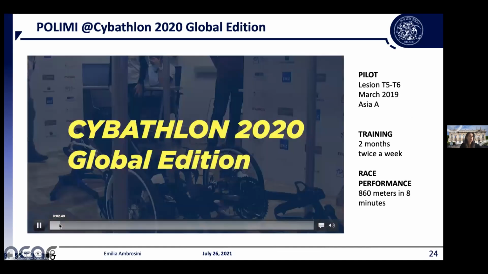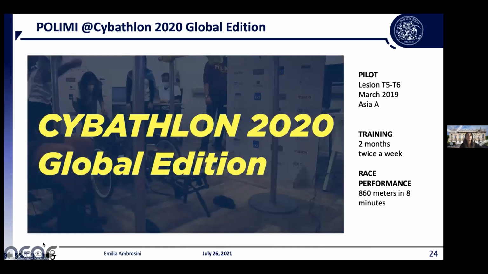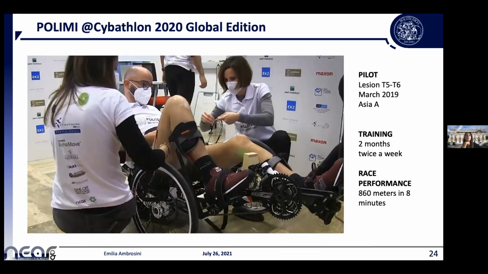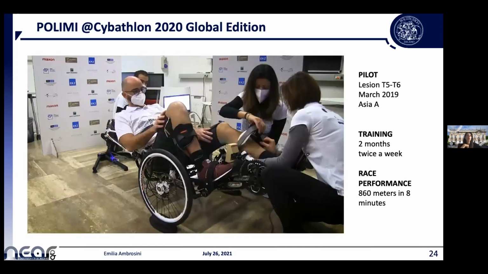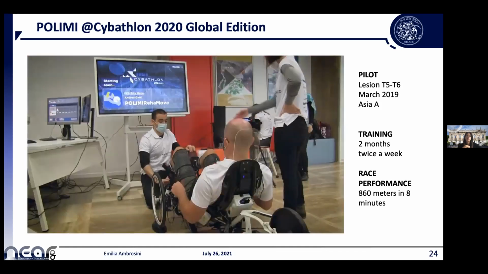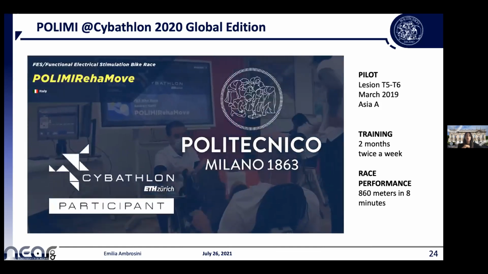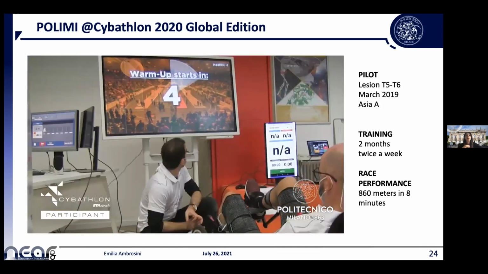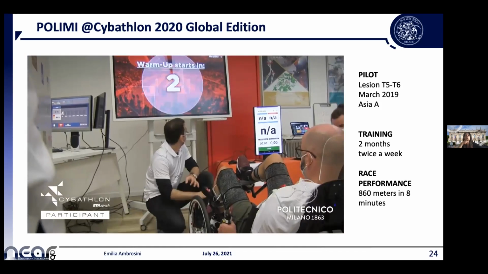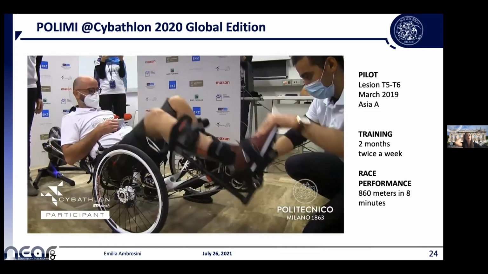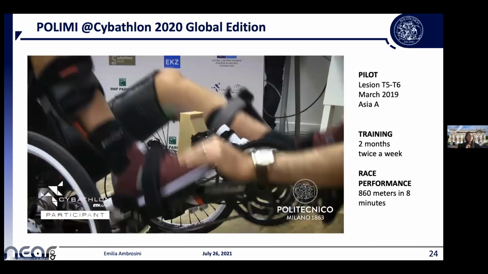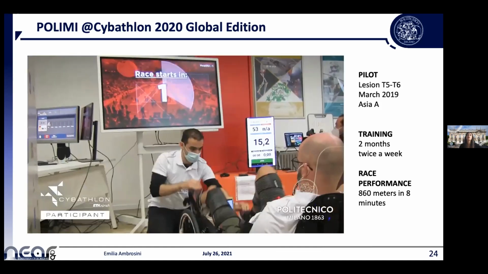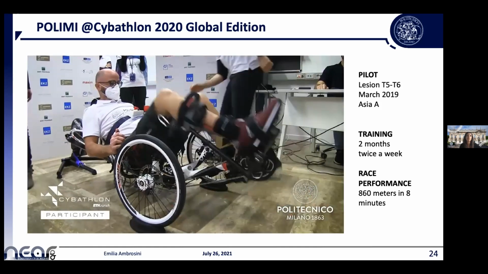Since we could not compete all together, the smart trainer, which was the same for all the teams, was provided to us by the organizers. They measured the distances that every pilot performed, and then they compared the distances between the pilots to compare the performance in the races.